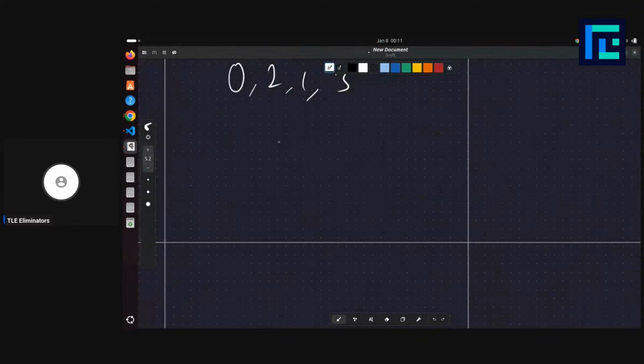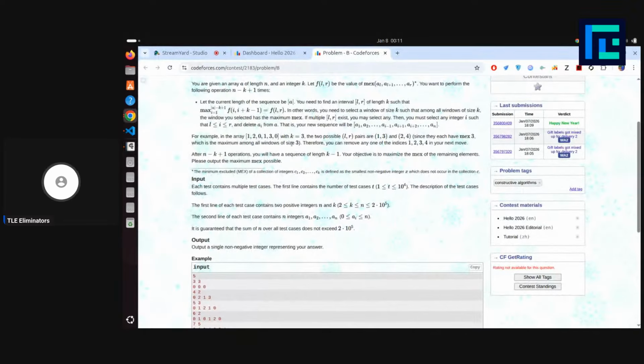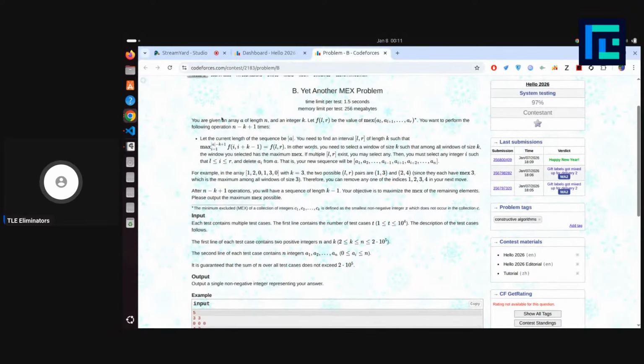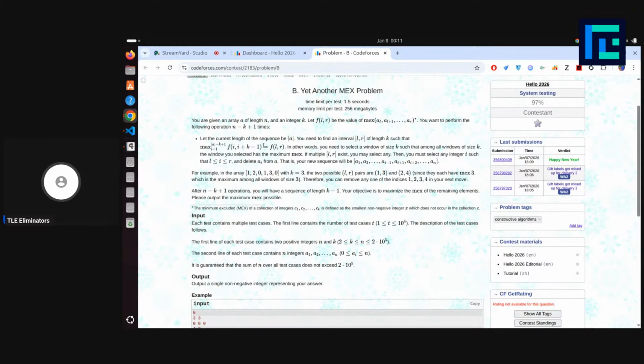So let's simplify the problem, try to solve the simplified one, and then try to solve this one. Let's say we were not constrained to only choose indices which are part of the maximal max subarray.